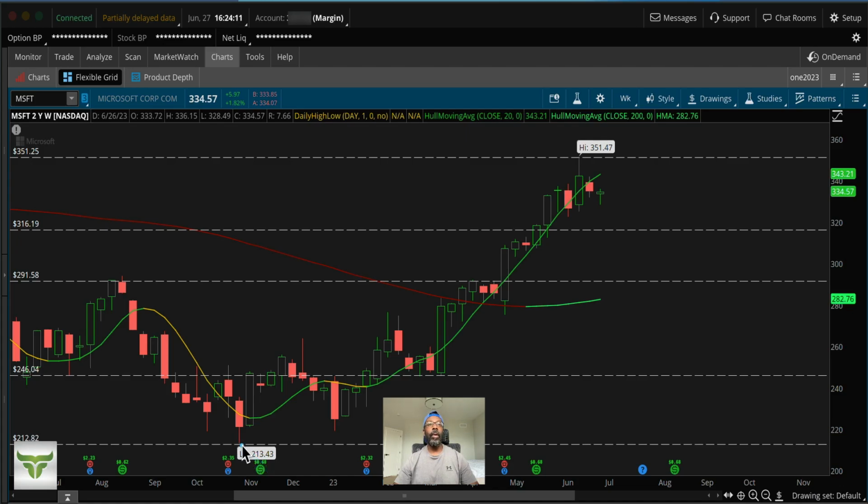Well, the risk now is going to be to the upside, because there's very little risk, especially with a stock like Microsoft, where it's down here at 212.84. Of course, we can go back a couple more years and see where another true support level is. But for now, on a 2-year weekly chart, this is pretty good.